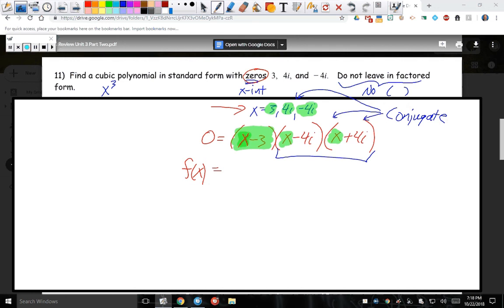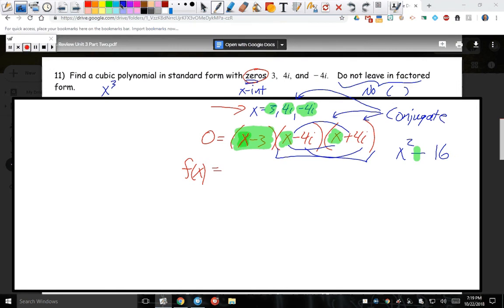That means you could just take these two values and say x squared, and then this 4 would be a 16, and I know a negative times a positive gives me a negative, but these i squared pieces would end up making this little piece right here a negative 1, which times this negative would just become a positive 16.